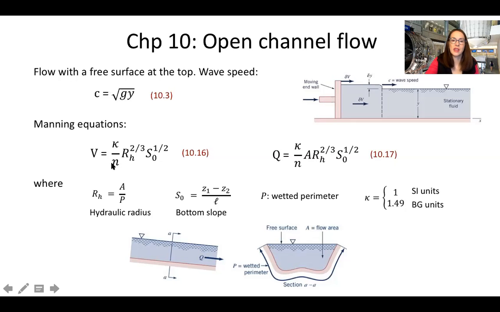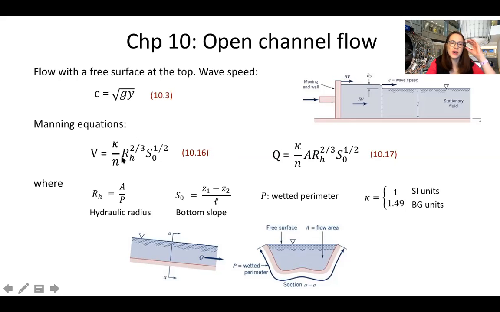So values for n, the Manning coefficient, are tabulated in 10.1. And again, it's got natural channels, floodplains, excavated earth, clean, gravelly, weedy, artificially lined channels, glass, brass, steel smooth, steel painted, etc. So basically, you'd have to be given some information about the material that the channel is made of, and then you can pick n, the Manning coefficient, out of table 10.1. So please make a note of that, because that's something I'll put in the slides.